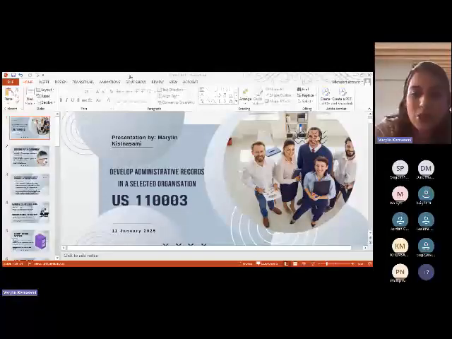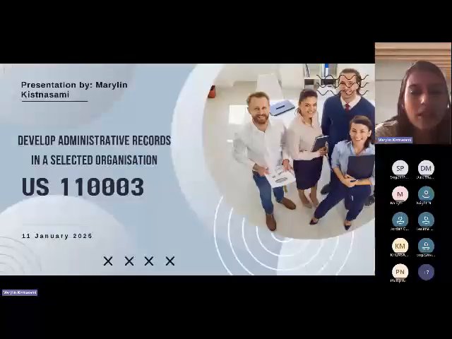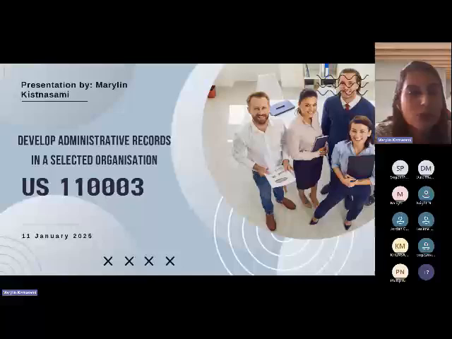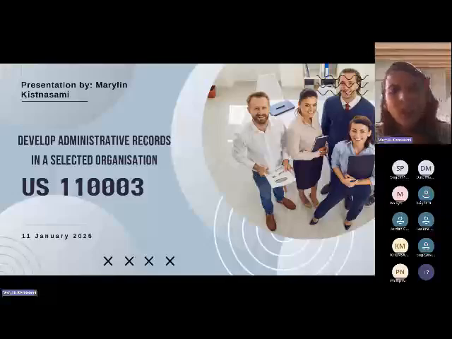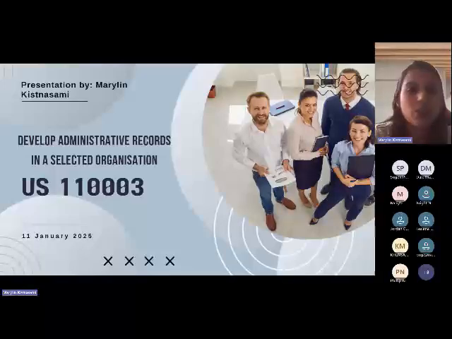It is my pleasure to guide you all through our unit standard 110003, which is develop administrative procedures in a selected organization. This unit standard forms part of the Smart Office program. As we go through the content today, we'll cover everything from the importance of sound administrative procedures to practical methods for creating systems that are both effective and sustainable.